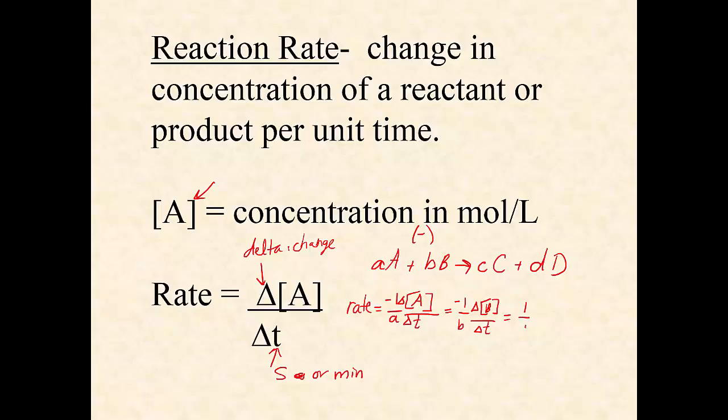You will be forming products, which would be positive, at a change in concentration of C over your change in time, and the value of this depends on how many you have. I almost forgot my triangle, over your change in time. So if it asks you just about a rate, think about physics.